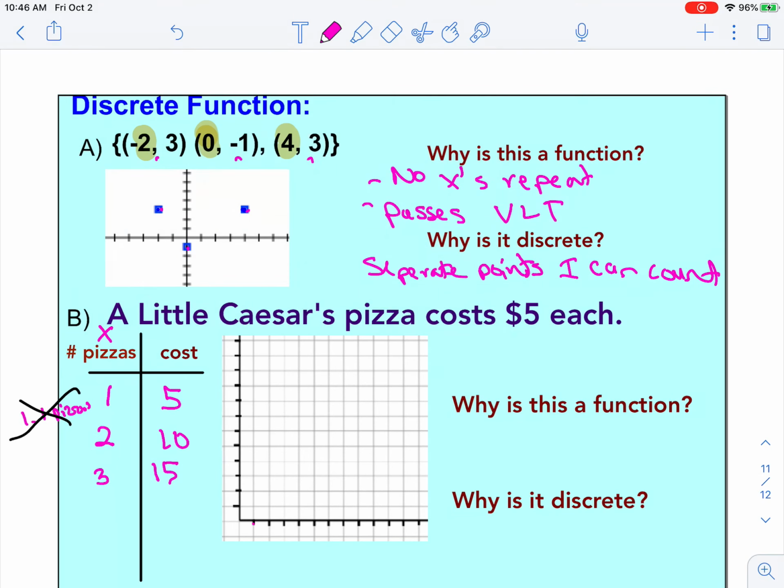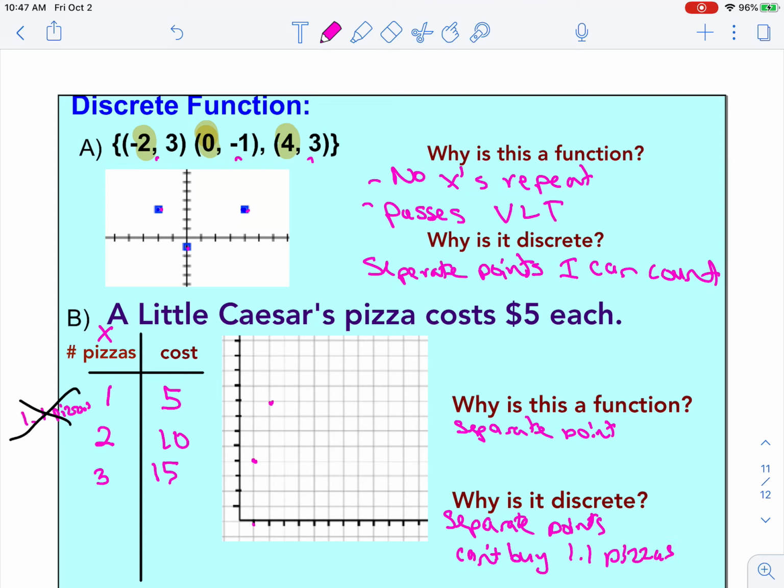And so on a graph, again, you would graph 1, 5, 2, 10, etc. So why is this a function? Again, because you have separate points. That's why it's discrete. Separate points, and you can't buy 1.1 pizzas.